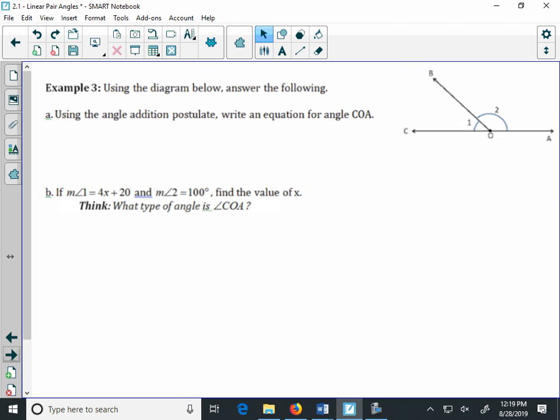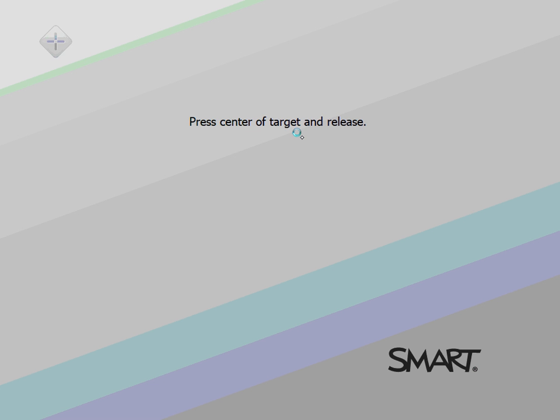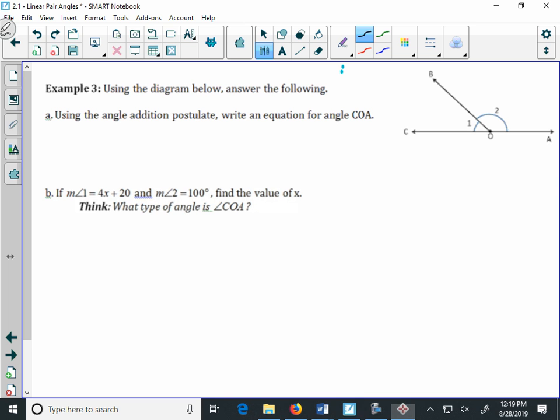So take a look at the next example. Example 3 says, using this diagram right here, we're going to answer the following. We want to use the angle addition postulate to write the equation for angle COA.